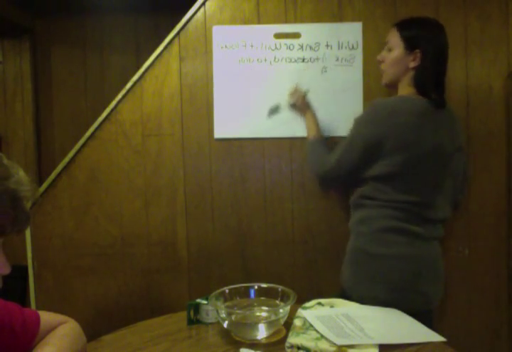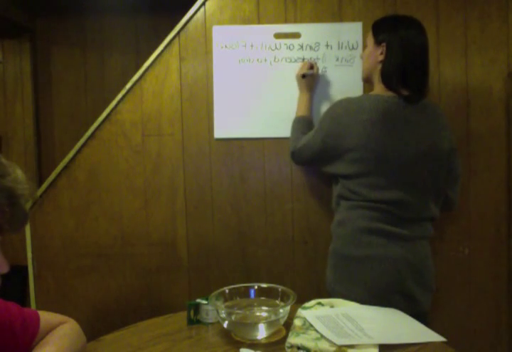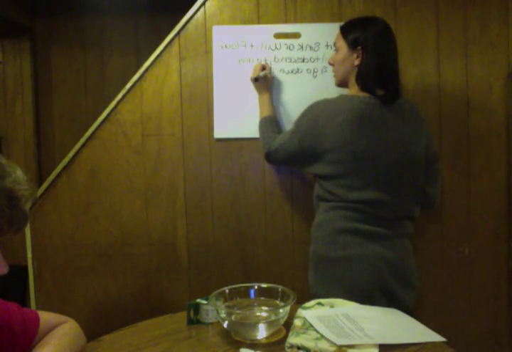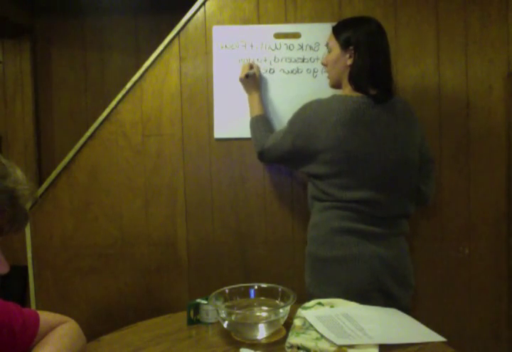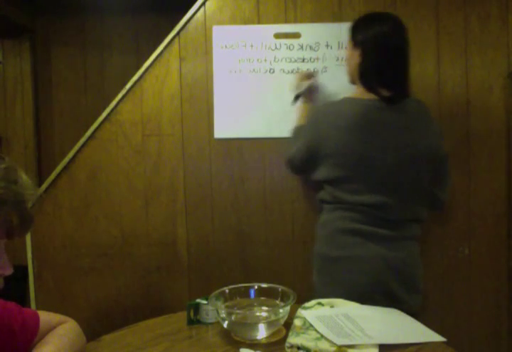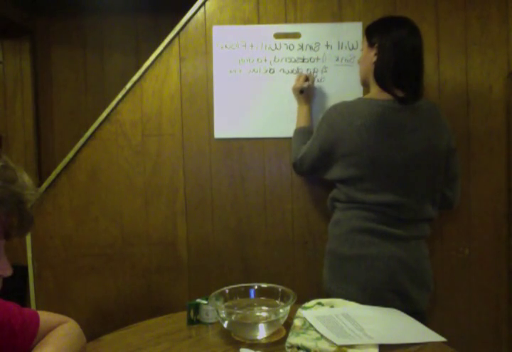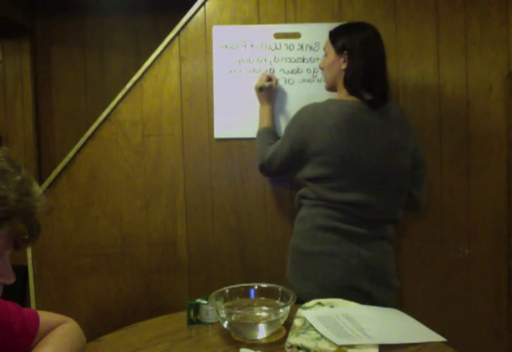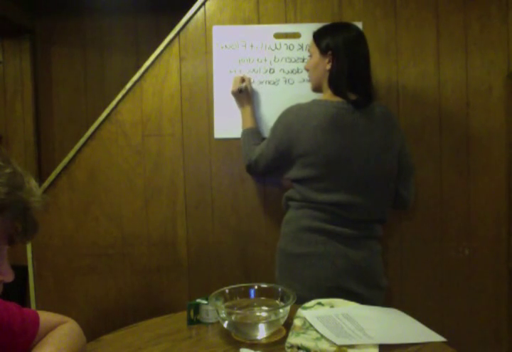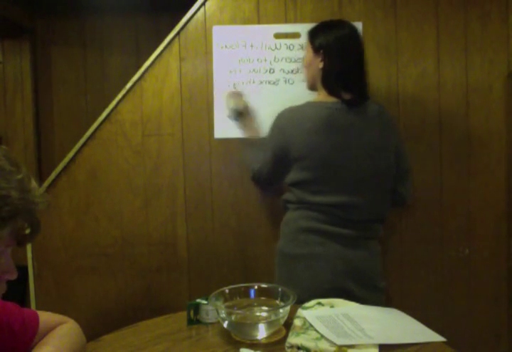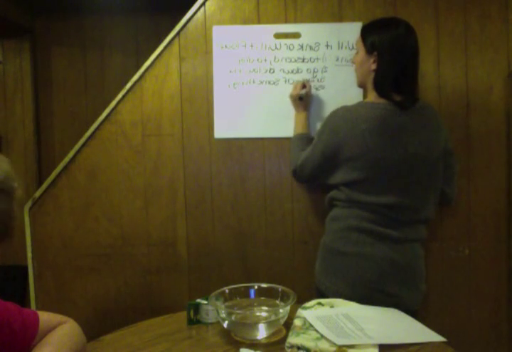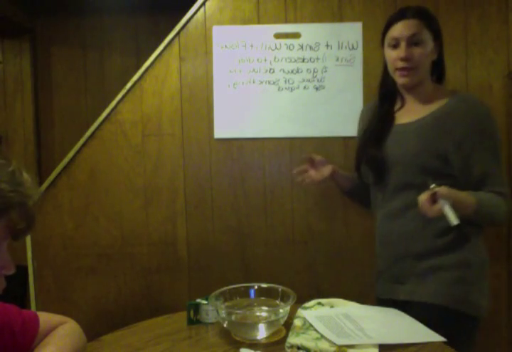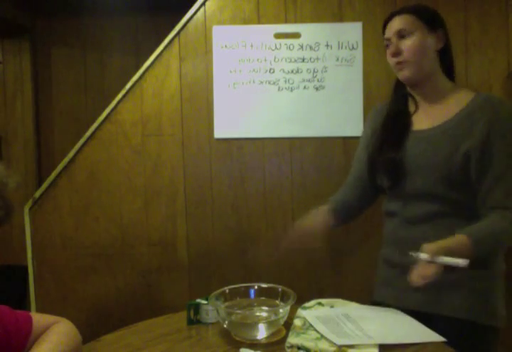The second definition of sink is to go down below the surface of something, especially a liquid, which is what we're going to be using to test our objects, hence the bowl of water.